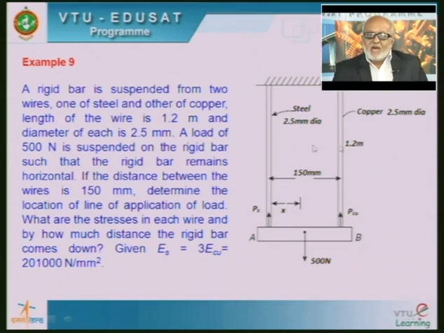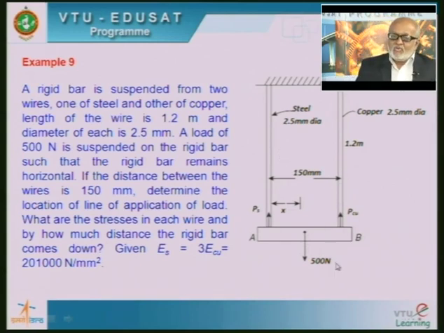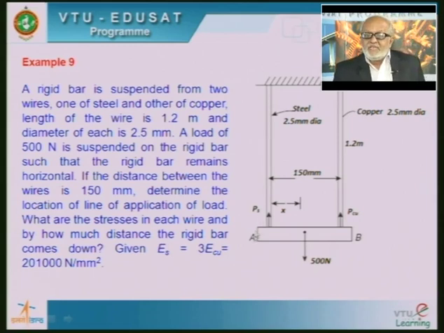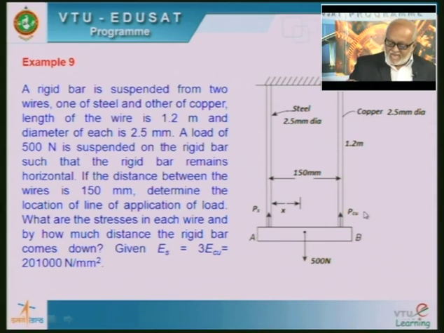If the two wires undergo different elongations, then obviously the bar will rotate. Now they have mentioned that you should apply the load such that both the wires elongate by the same extent, and if they undergo uniform elongation, the rigid bar AB will remain horizontal. So, we use that as the condition.